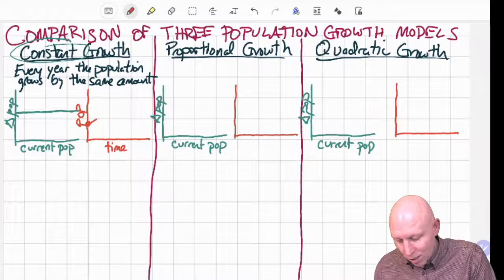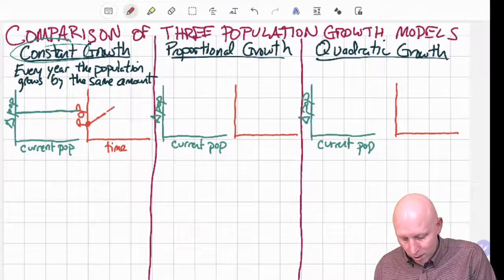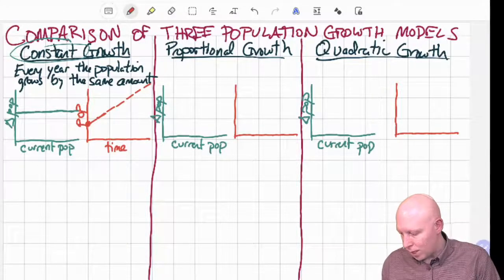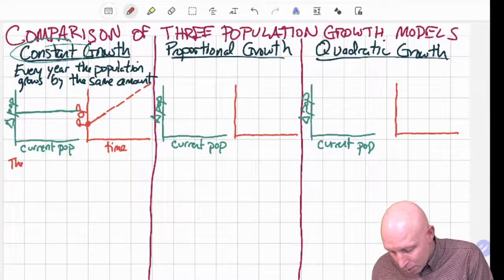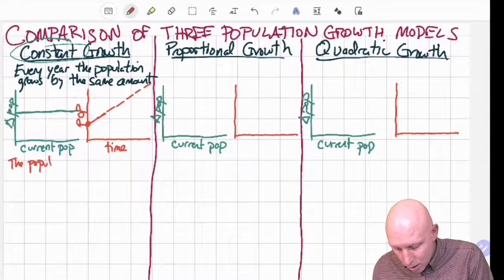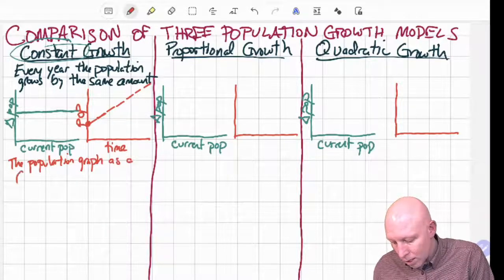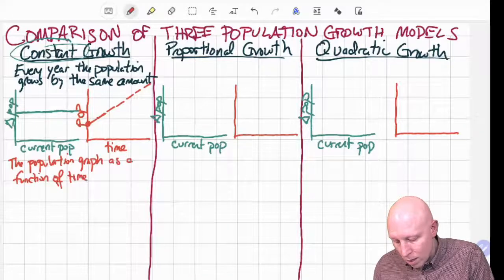We add the same amount each year. And so the population graph as a function of time is linear.